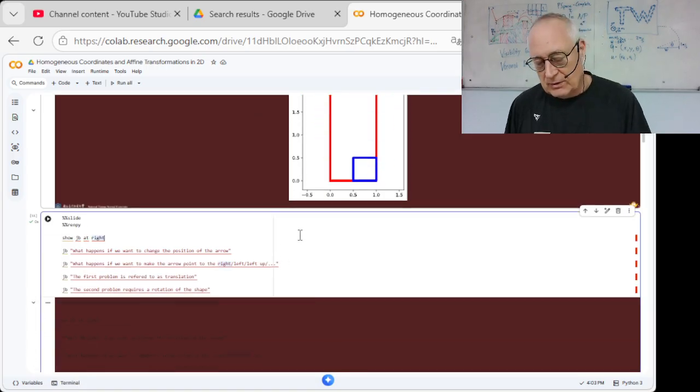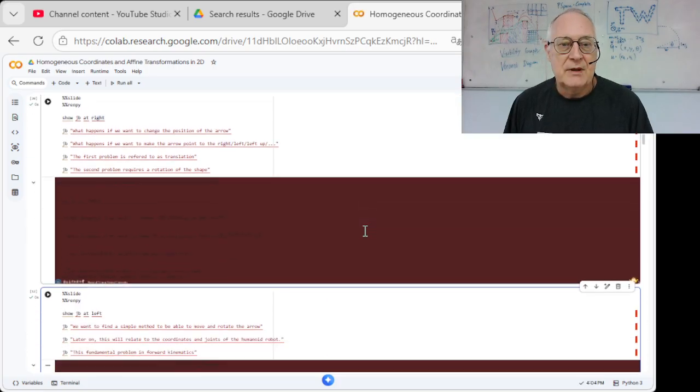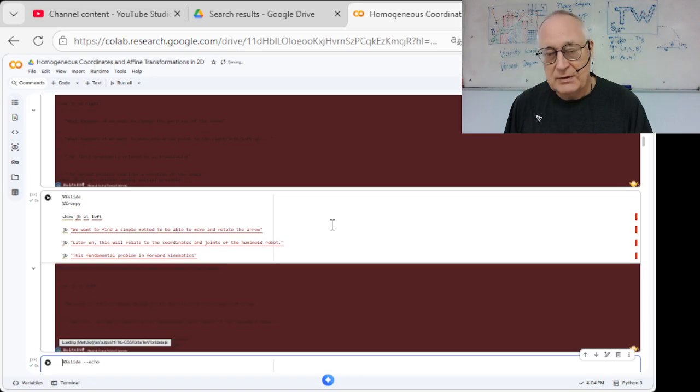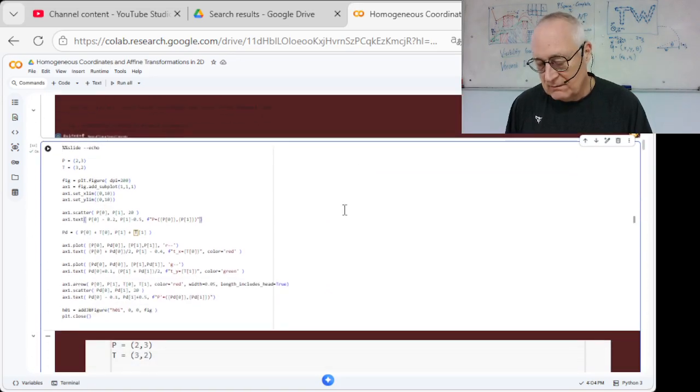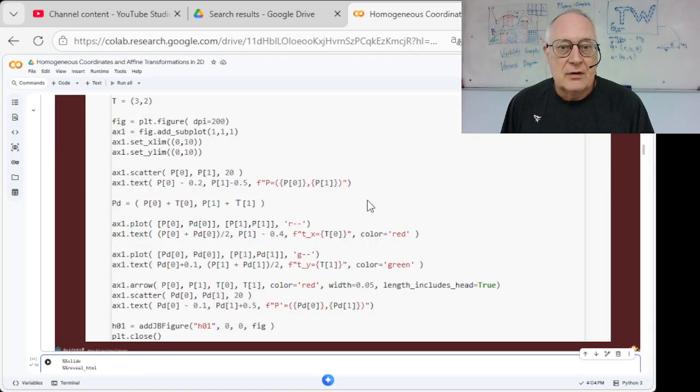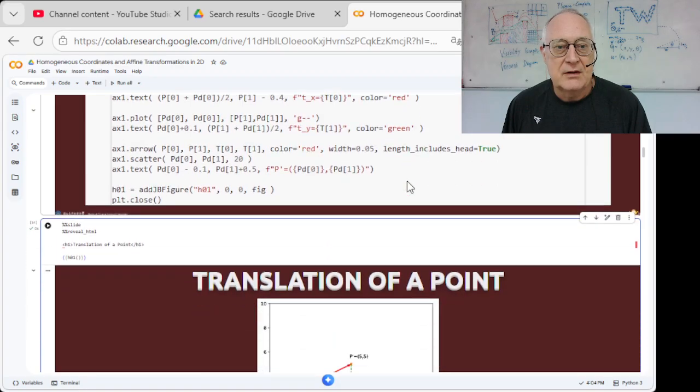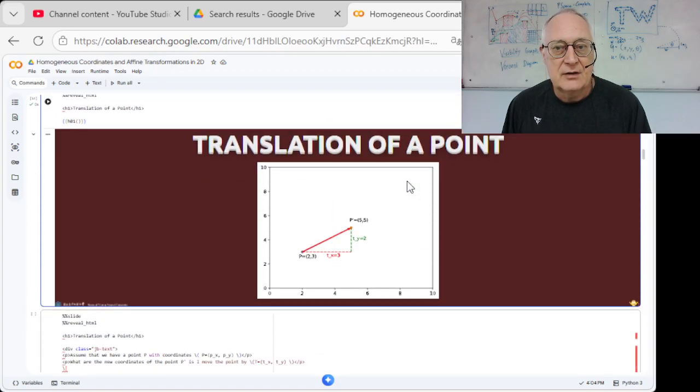But now we want to be able to do more with this. In particular, we want to be able to translate it and rotate it so that we can move things through space. That's also important for what we're trying to do today, which is to do a simple path tracking exercise.